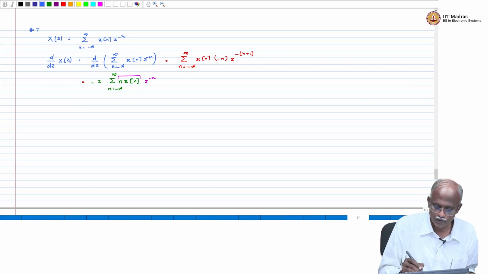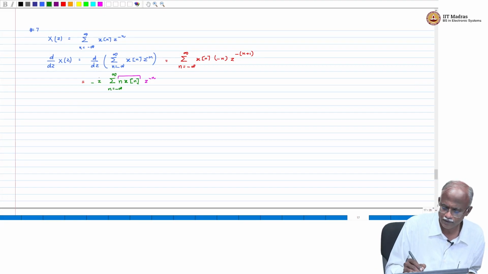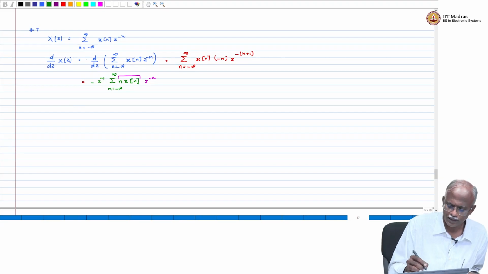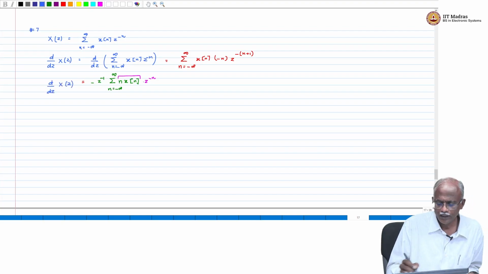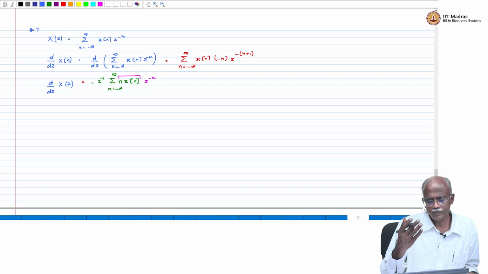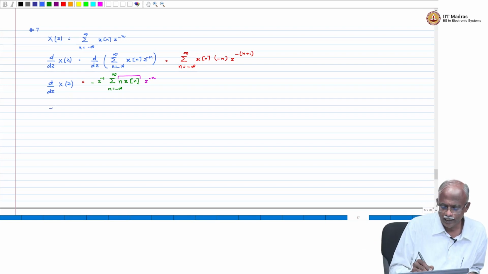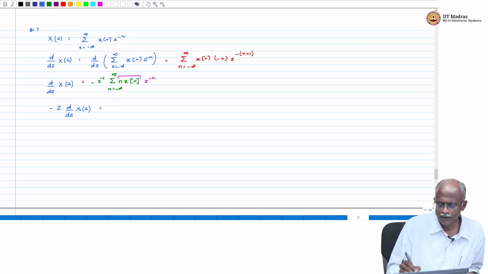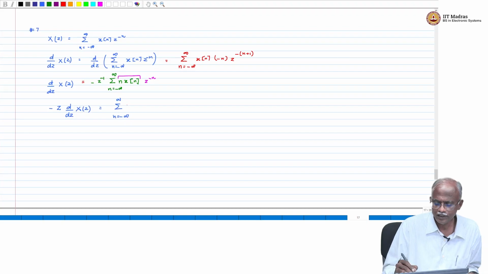Equal to minus 1. Oh, z power minus 1, yeah. Z power minus 1, correct. So this is equal to d by dz x of z. Just taking the z inverse to the other side, what we get is minus z d by dz x of z is equal to summation n equal to minus infinity to infinity n times x of n z power minus n.